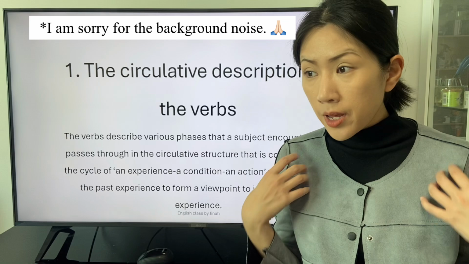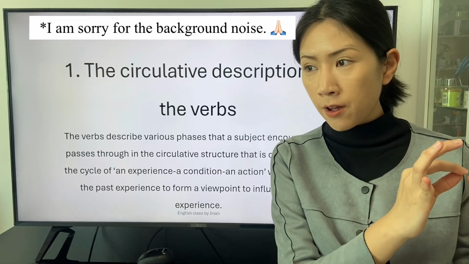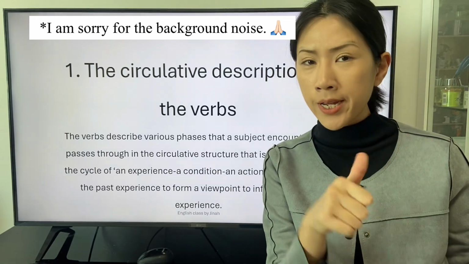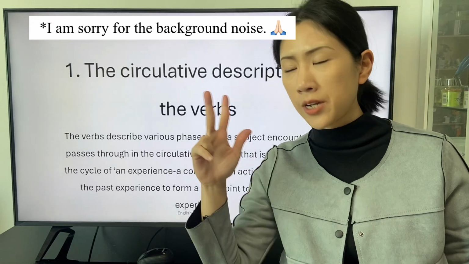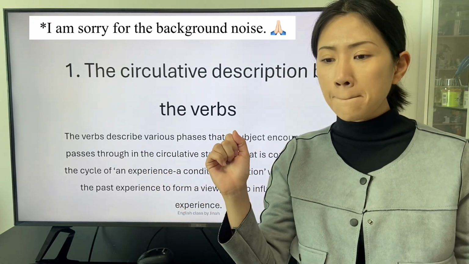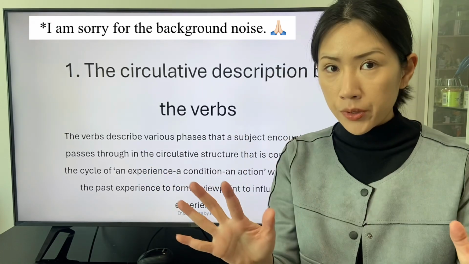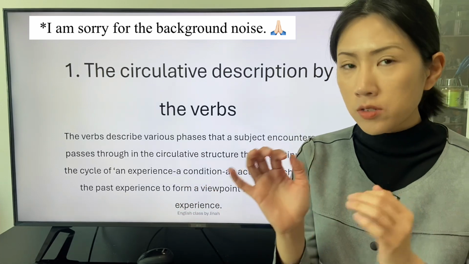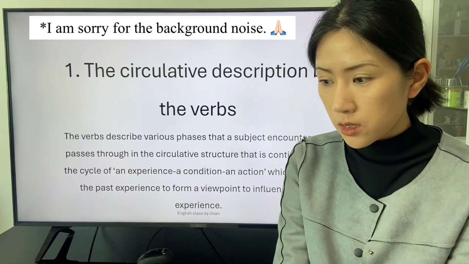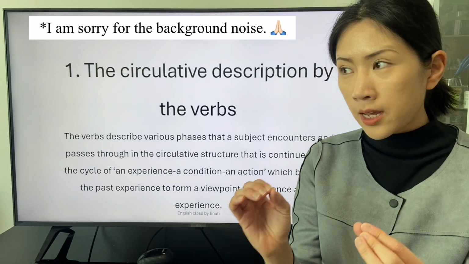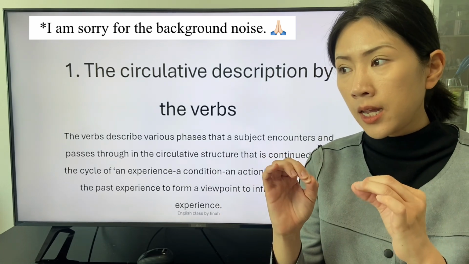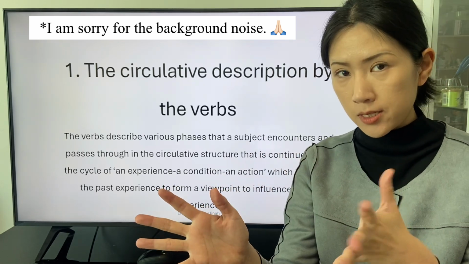So we can think that the series of an experience, a condition, and an action forms a viewpoint of a subject that is applied in a new experience.